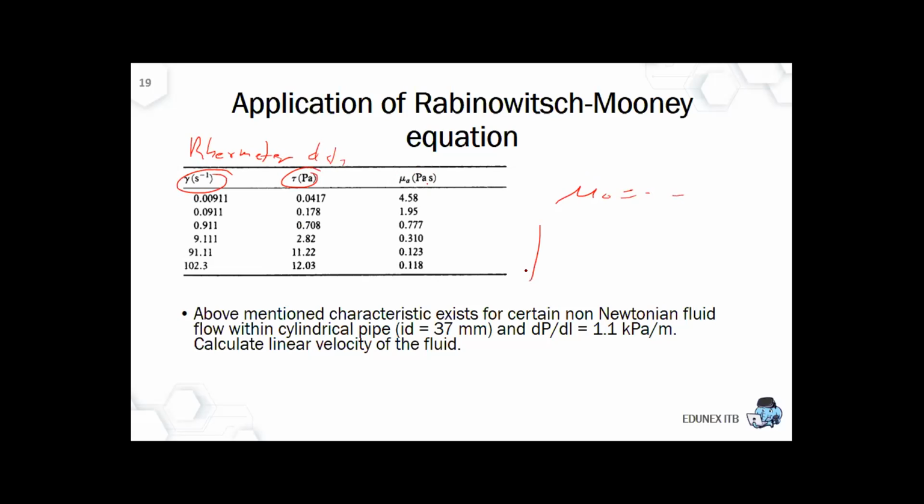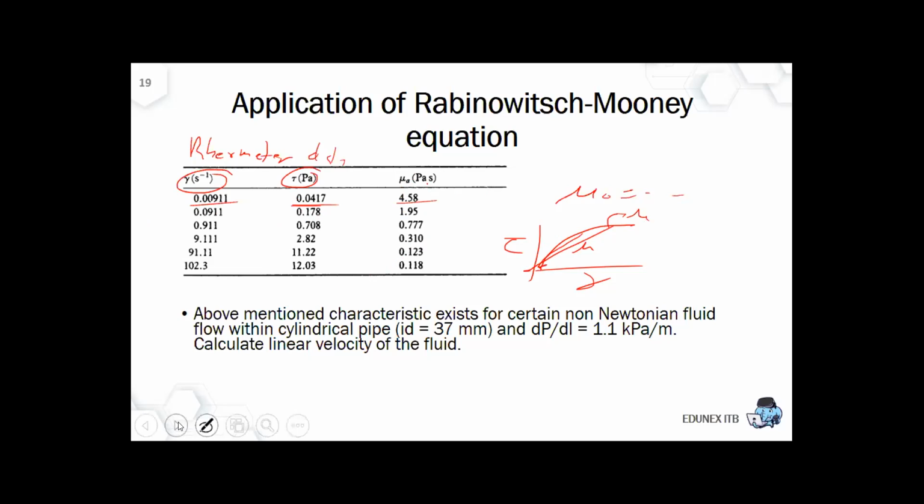When you have tau against gamma like this, the slope here is the mu. The machine does not know about its non-linearity, seriously. So it just gives you the apparent mu for any given tau. This one is measured, this one is measured, this one is calculated.